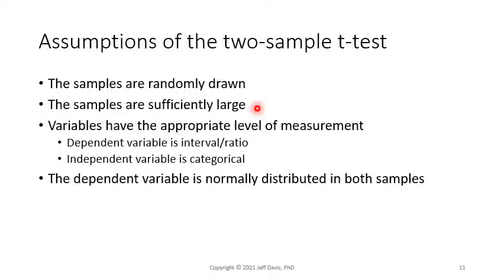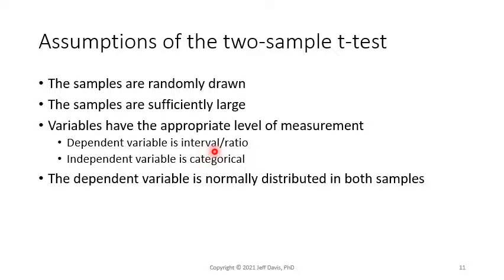We don't want one to be enormously large and another to be kind of small. They don't have to be the exact same, but we want them in the same size range.